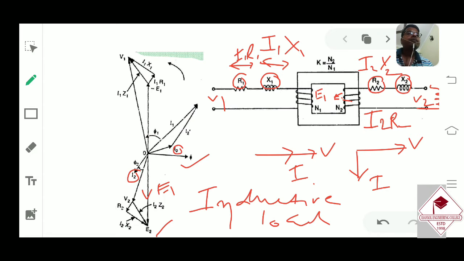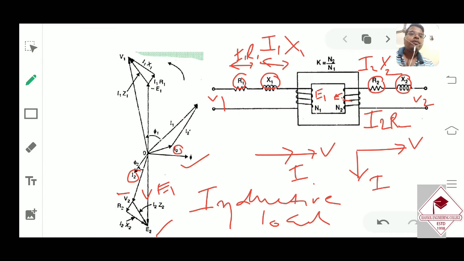And V2 will also lag behind E2 voltage. So you can see that E2 is here, and V2 is lagging by a certain angle. Now I2 should also lag V2 by a certain angle, that is called phi 2. So we have drawn this I2.